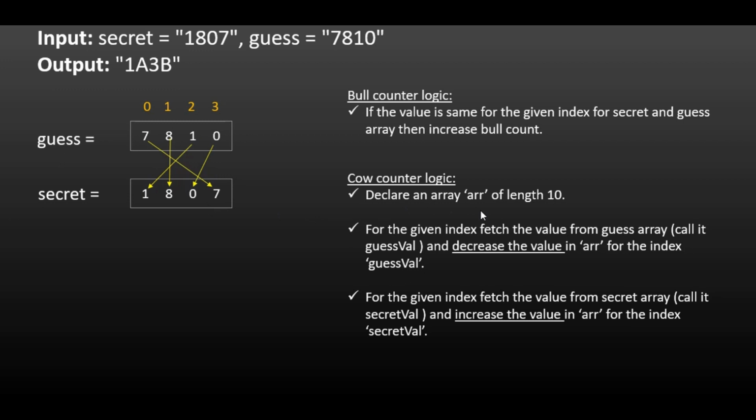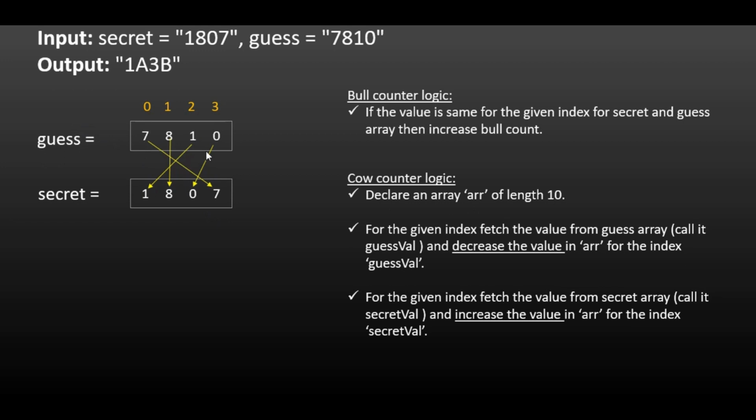So that if I go into that index and I see the value is less than 0, that means it was decremented for guess. And if the value is greater than 0, that means it was incremented for secret, because in secret we are increasing the counter and for guess we are decrementing the counter.